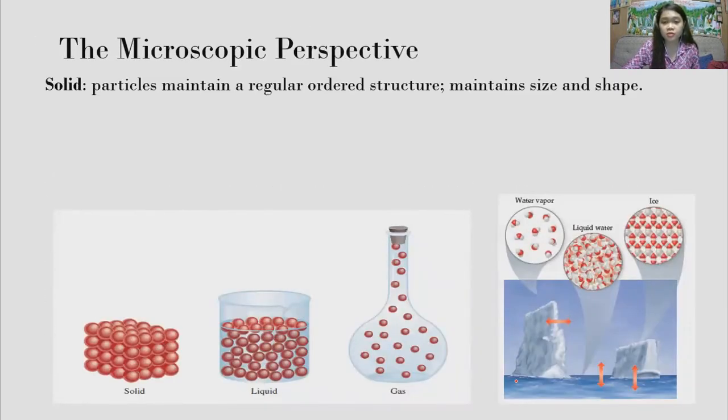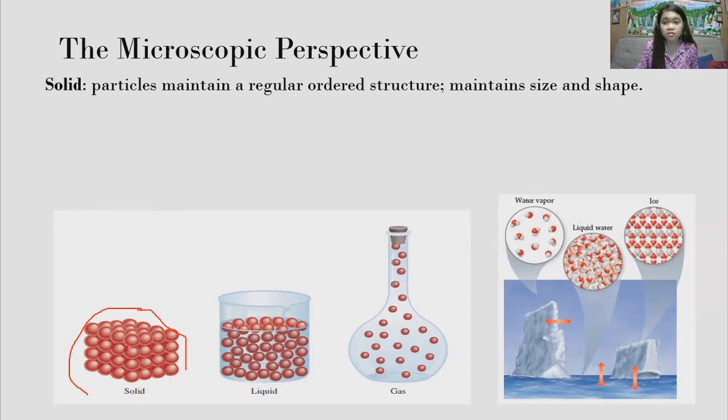Now we go to the microscopic perspective in looking at the three phases of matter. For solids, particles maintain a regular, ordered shape or structure. It maintains size and shape. As you can see in this picture, the particles are very closely packed. The spaces between particles are so small that if we try to bring them closer, repulsion starts between their electrons.